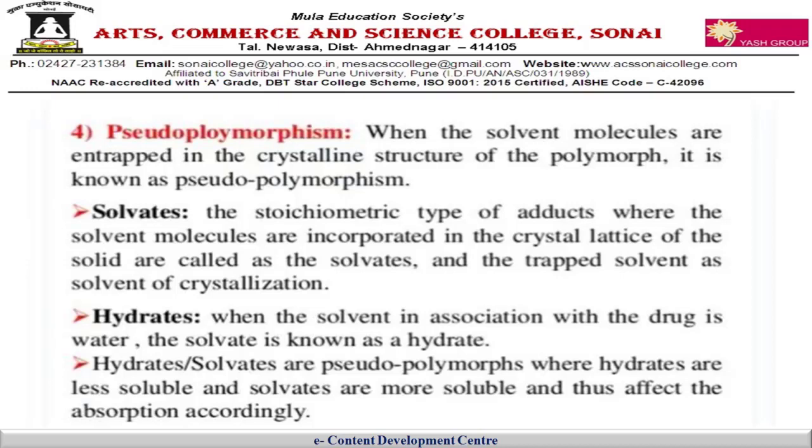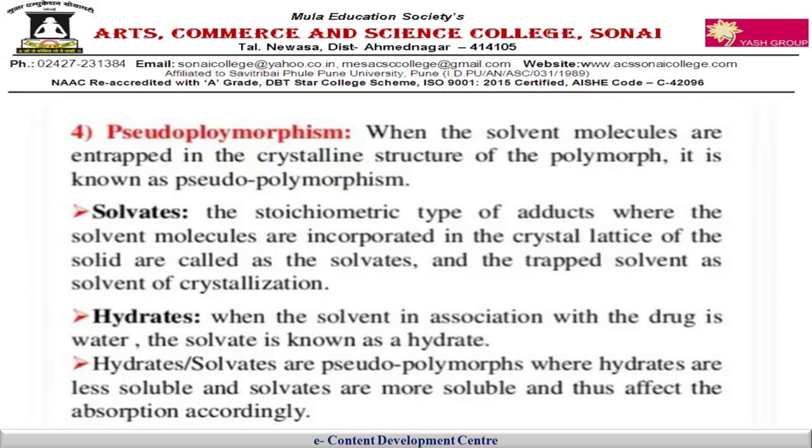The stoichiometric type of adduct where the solvent molecules are incorporated in the crystal lattice of the solid are called solvates and trap the solvent as solvent of crystallization.